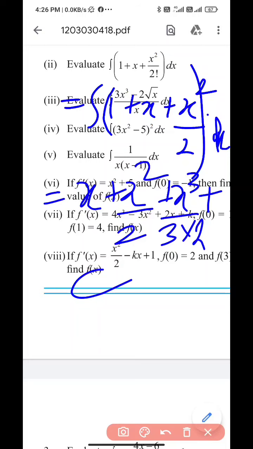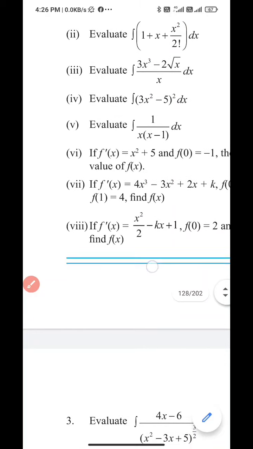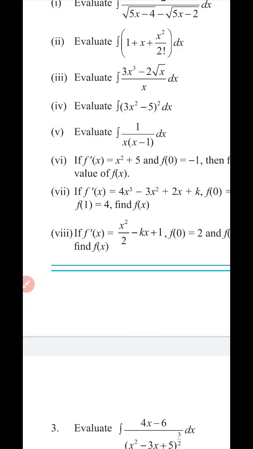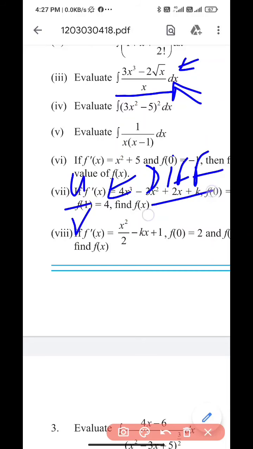Next. Next one is this. Generally we do not solve any integration of a rational function directly, as we used to solve in differentiation. We used to use the u by v method for differentiation, but in integration we don't have that kind of method.